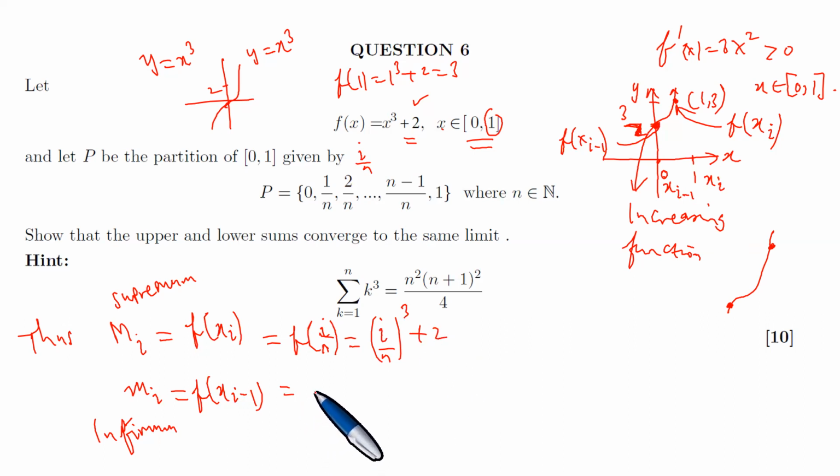And therefore, we have this one, which you can see as f of (i minus 1) over n, which is (i minus 1) over n cubed plus 2. Okay. Right, so we are in business now. Let's continue.